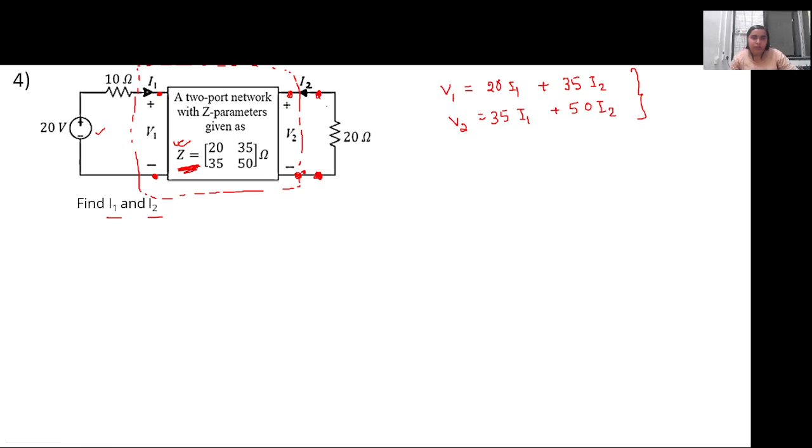Whatever the output voltage V2 is here is also the voltage across this load resistance of 20 ohm. Since the current I2 is flowing in this direction, what will be the value of V2 with respect to the resistance? V2 will also be minus of 20 into I2, right? Is this fine?